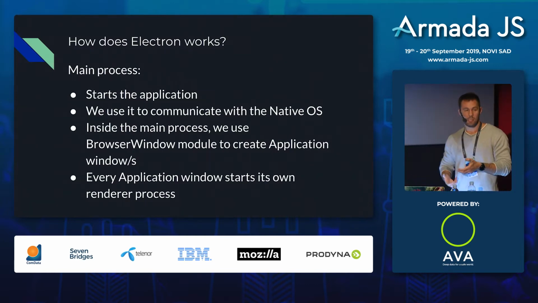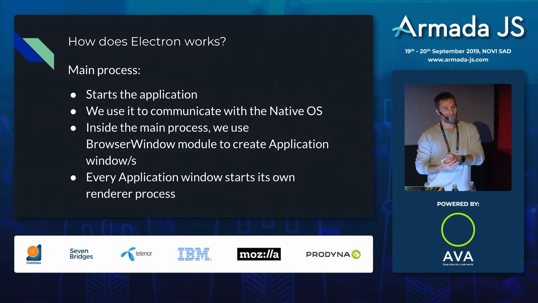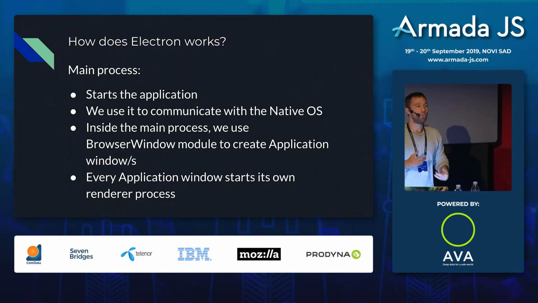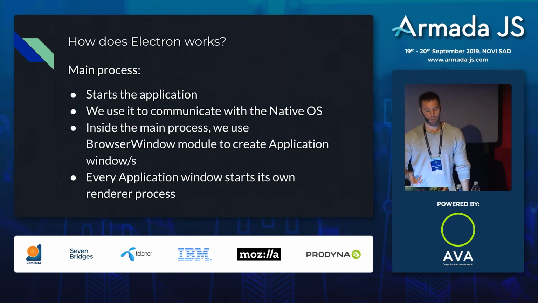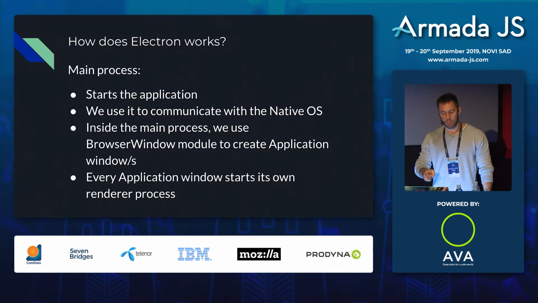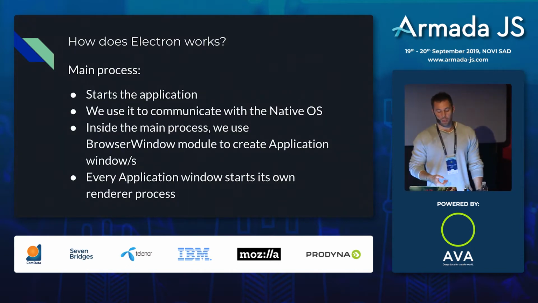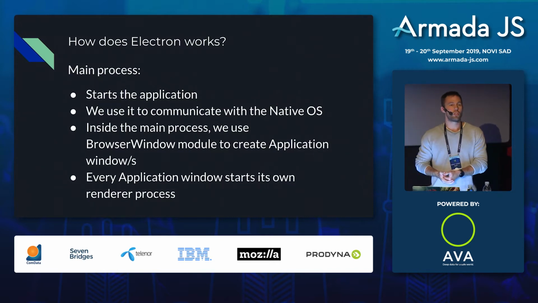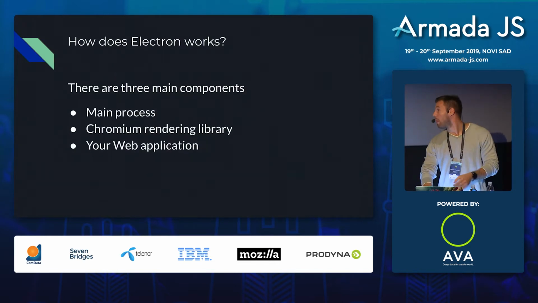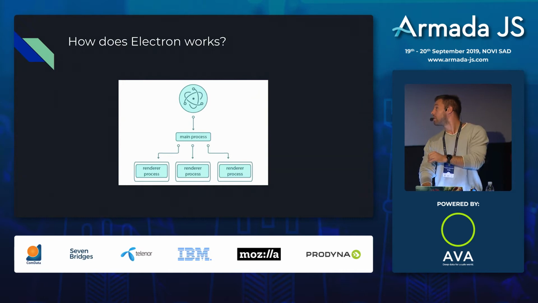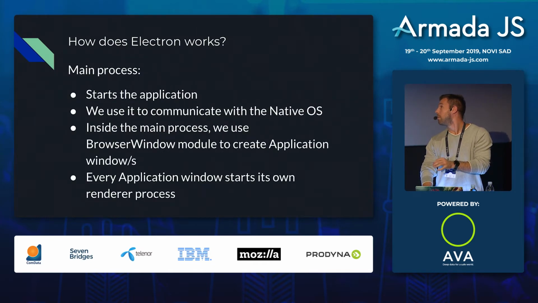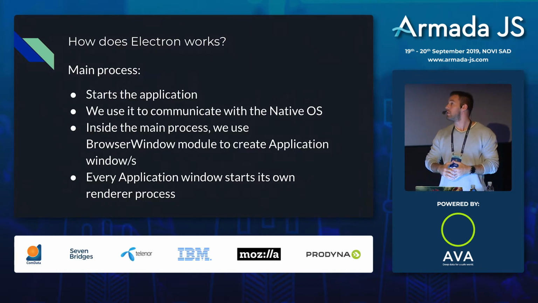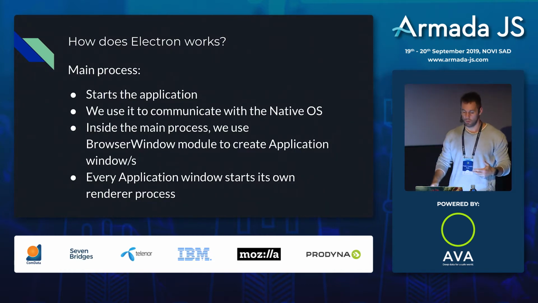Because, as I said, Electron is a wrapper, but if we want to use the full power of a desktop app, it needs to have a way of communicating with the underlying operating system. The main process is in charge of that type of communication. It's also in charge of creating all of these renderer processes. Basically, it's the main parent. You start it first, and then it takes care of everything for you.